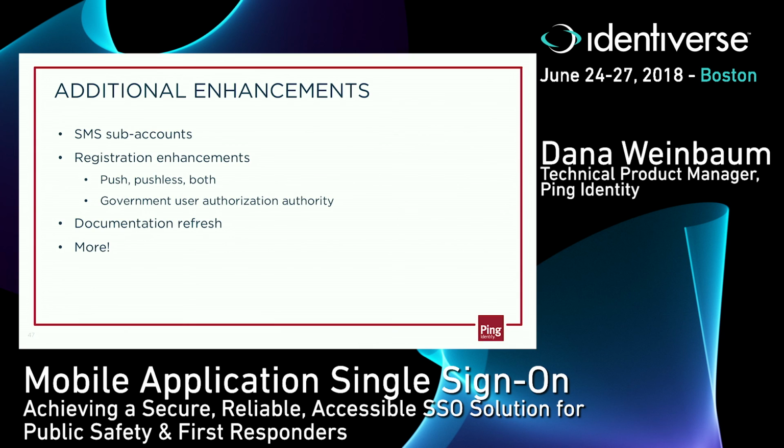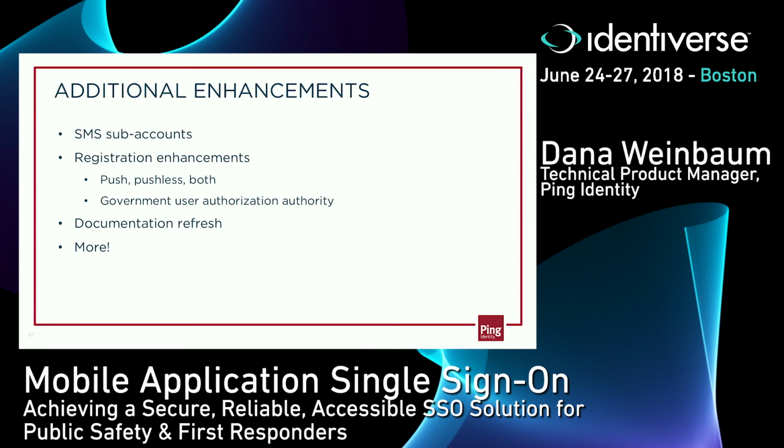In this case, if the user registers his device while he's in pushless mode, for whatever reason, he will never be able to authenticate, because every time that he wishes to authenticate to the website, a push is sent to his mobile device, but he's in pushless mode, so he will be stuck.